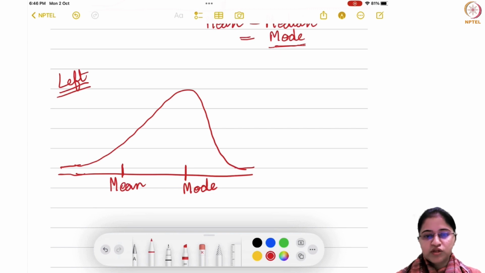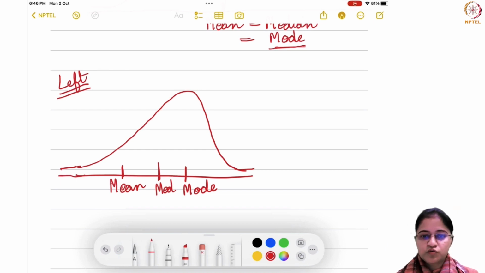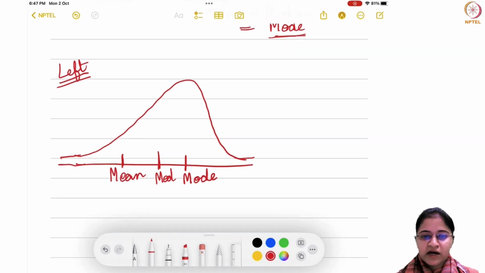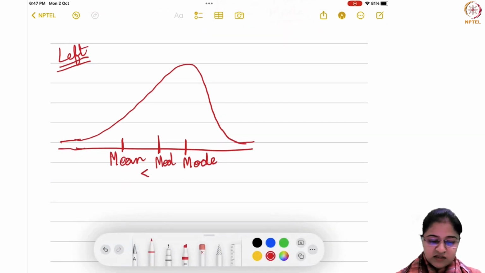It has pulled down the mean. And here you will have the median somewhere, because the median is going to divide the data into two halves. So such a case might arise. Here you can see that mean is less than median, less than mode, because on an x-axis the mean is going to the left side. So mode is the highest in this case.